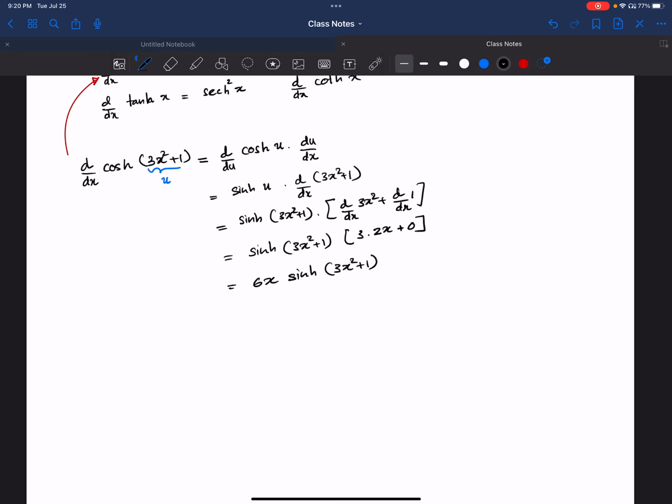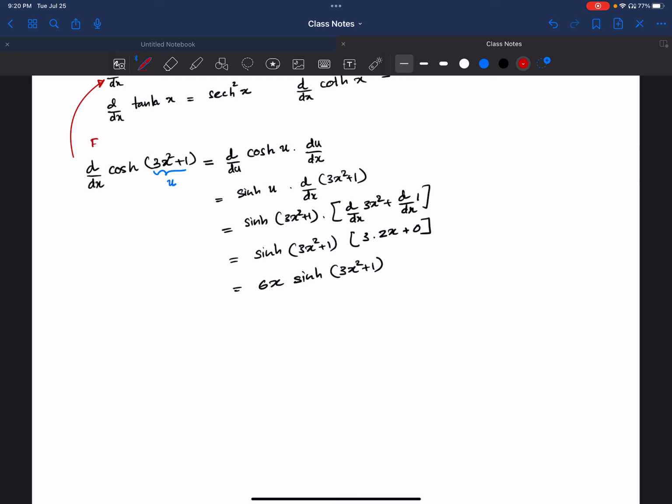This is example 1, and our second example, example 2, is to find d over dx sinh x times tanh x. So this is a product rule.